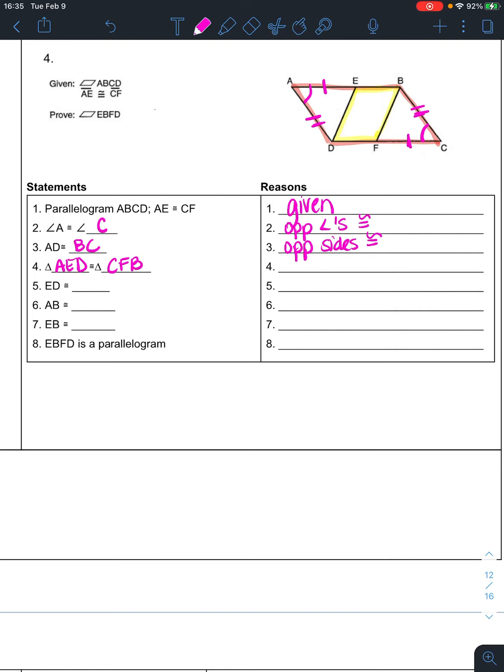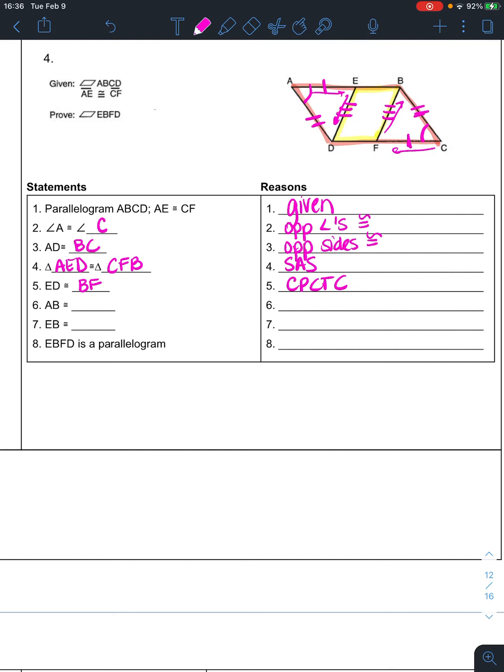The order of that does matter, and so you want to go the same direction that you went on the first one. Why is that? Because of side, angle, side. So now I can say ED must be congruent to BF because corresponding parts of congruent triangles are congruent. So now I know those two are congruent.